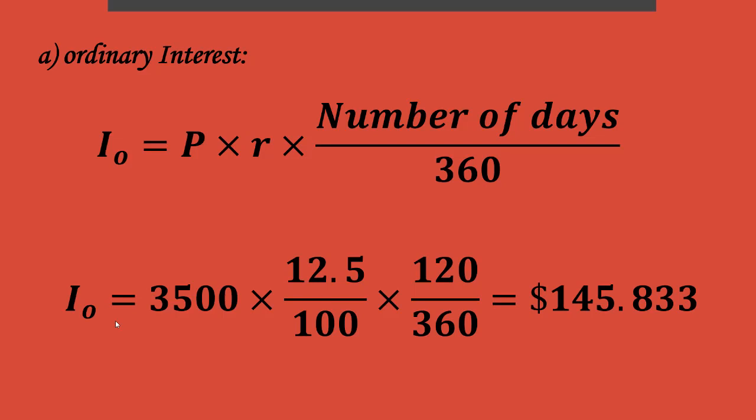Ordinary interest equals B times R times number of days over 360. So I ordinary equals $145.833.